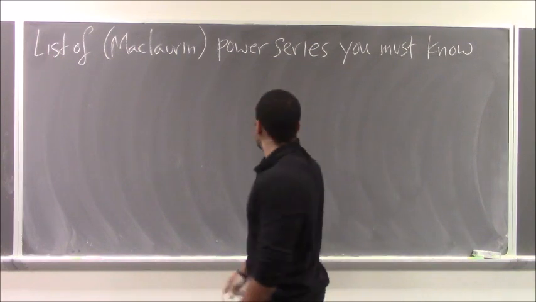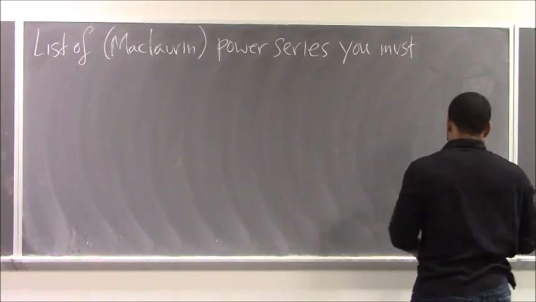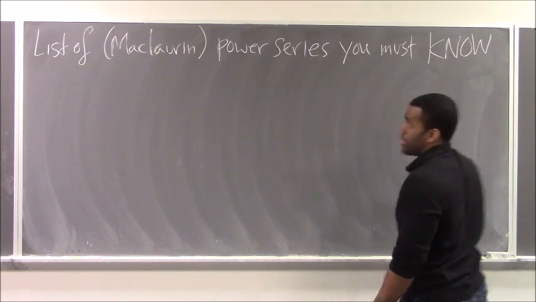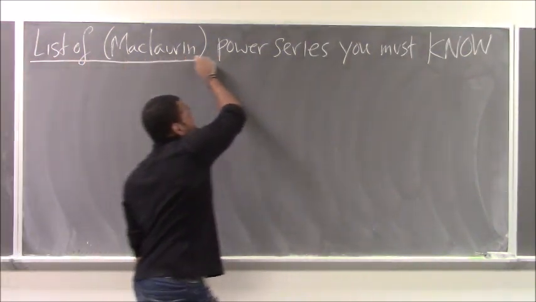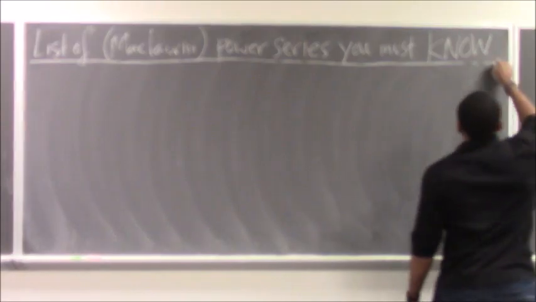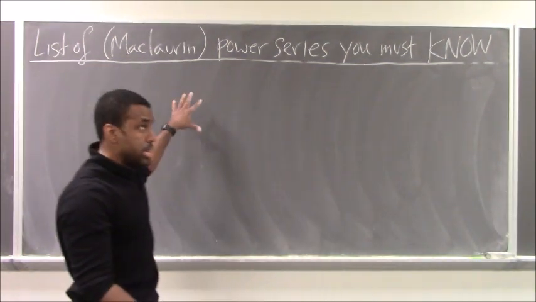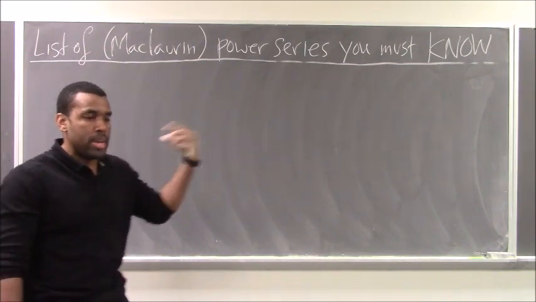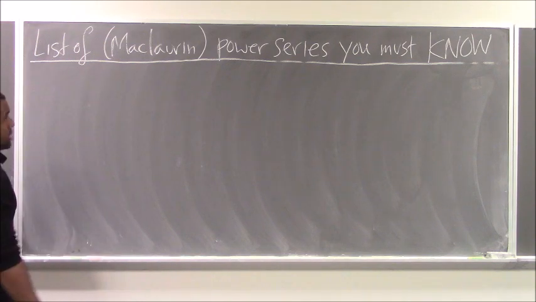And by know, let's put down KNOW in uppercase letters here. When I write know in uppercase letters, what that means is you should both be able to derive them as well as know them by heart. You're never going to have to derive these specifically, but you need to know the process of how they were derived because you might want to apply that process to other functions. And I'll be asking you that.